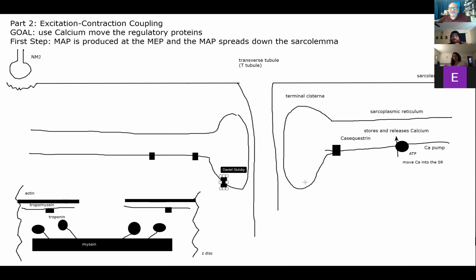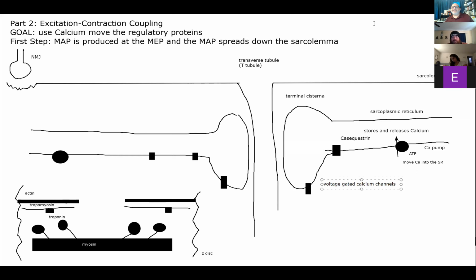In fact, we've already seen it in the previous process. I guess I should put a pump over here as well. In the previous process, we had a gated calcium channel. And what was the key that unlocked that calcium channel? Voltage gated. Just like we saw before, we have voltage gated calcium channels.